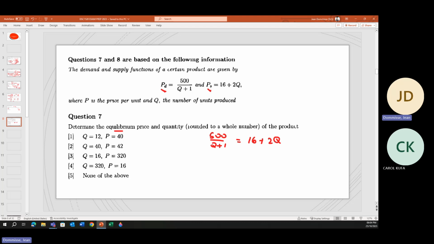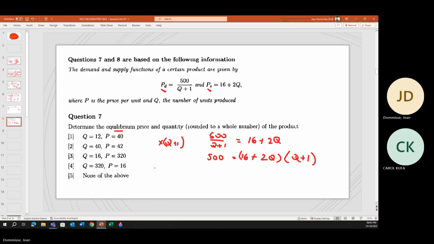Okay, so now we need to get rid of that Q plus 1. So on both sides, we will multiply with Q plus 1. So here it will fall away. On this side, we will need to say 16 to Q. We will need to multiply that by Q plus 1. Okay, so we will probably get a quadratic function, but let's quickly just check what we will get.